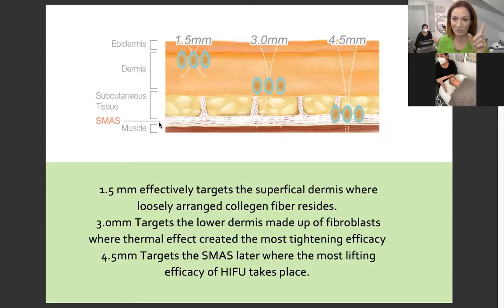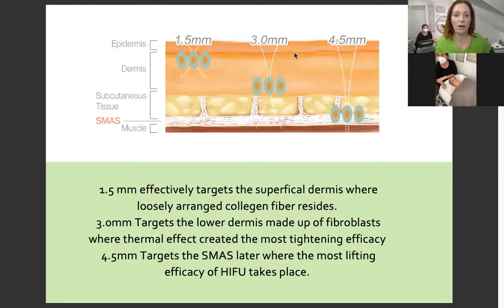Now, I had to print this out because SMAS stands for superficial muscular aponeurotic system, I've said that wrong. So this layer goes from our neck to our forehead, and this is what we are tightening back, and this is where the HIFU works phenomenally well at getting down into those deeper layers and giving it that heat to make it contract and become tighter and firmer.